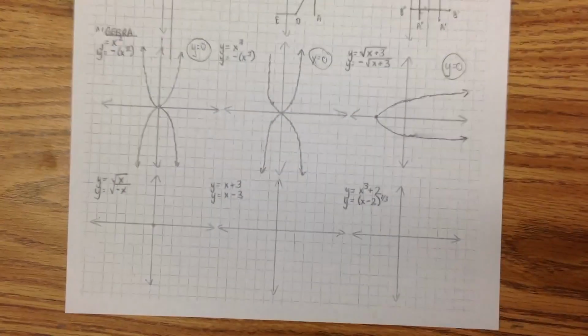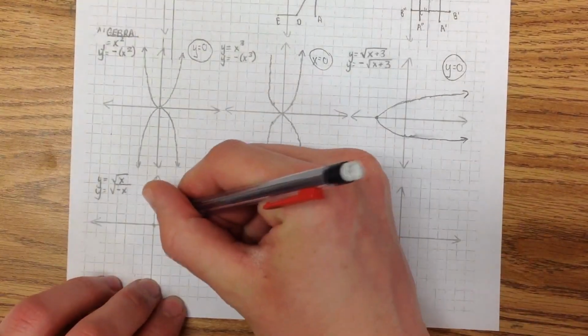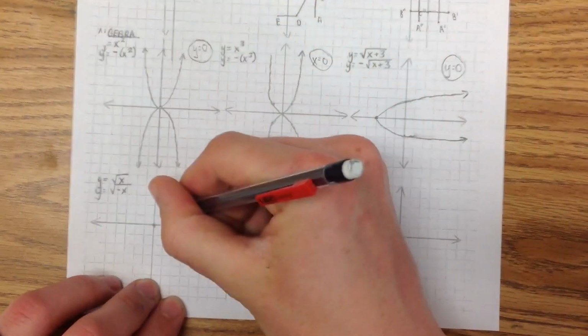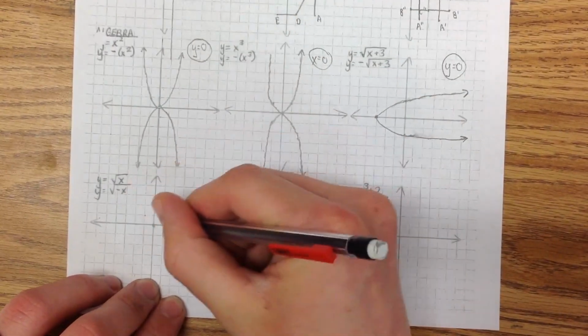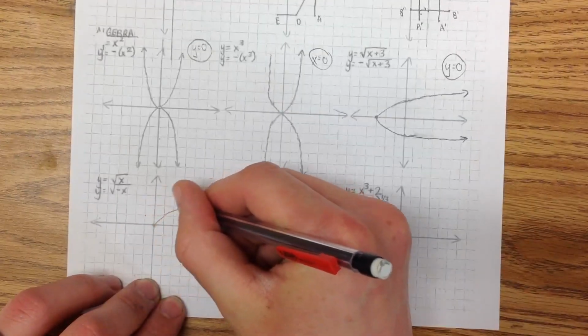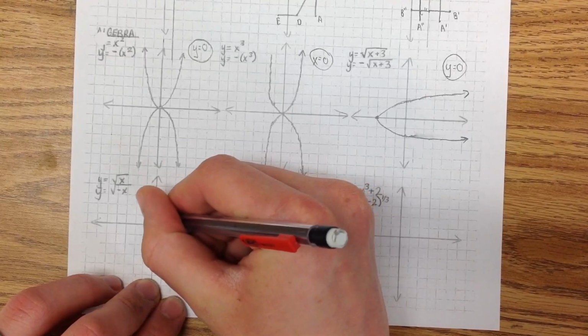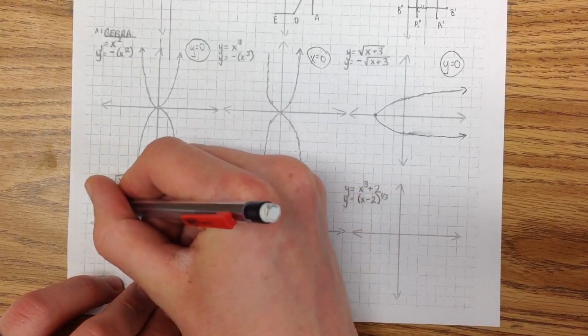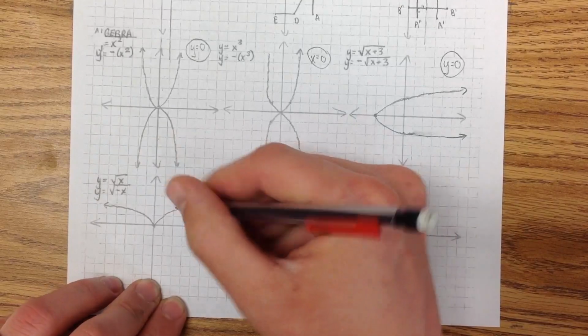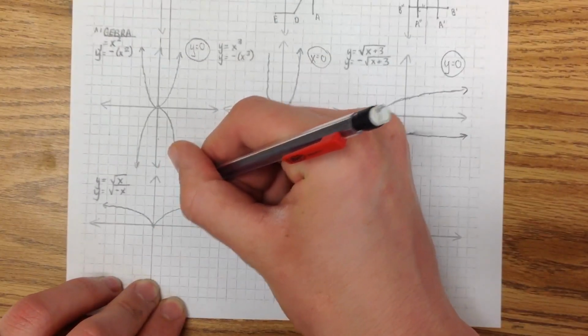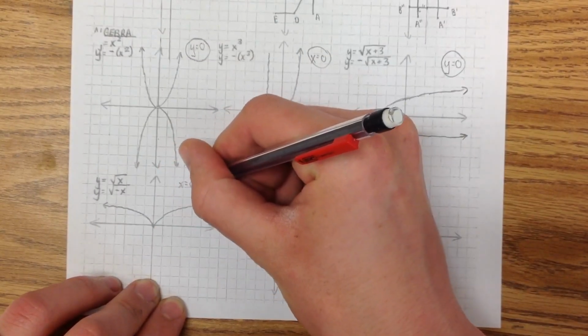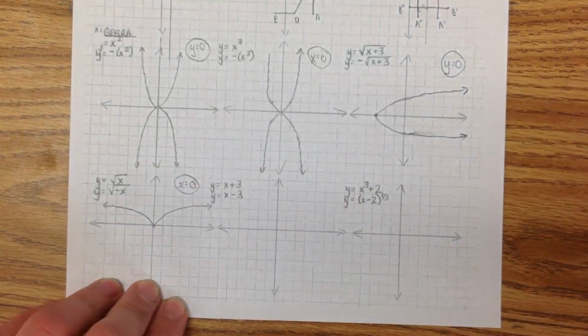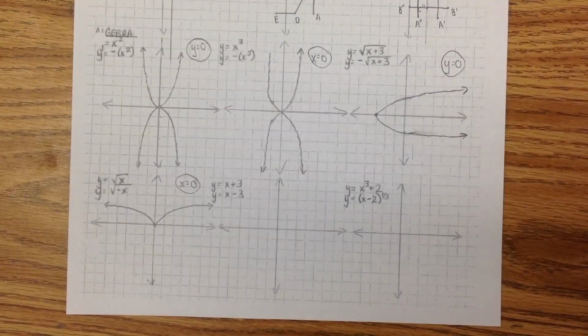So that's the line x equals 0. And there you go. Now you guys go ahead and try the next two.